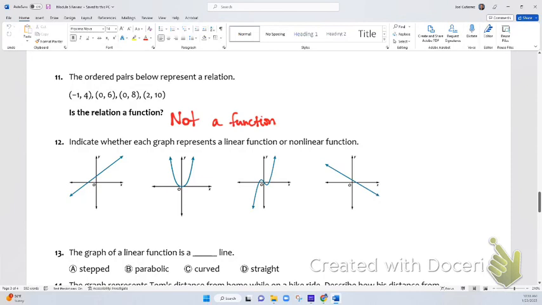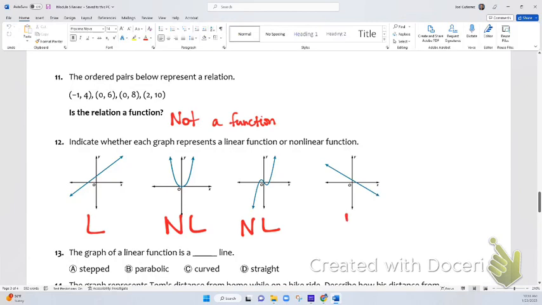For number 12, indicate whether each graph represents a linear function or nonlinear function. Linear means it's a straight line. Nonlinear means it has curves. So number 12, definitely linear. The second one, non-linear. The third graph, non-linear.